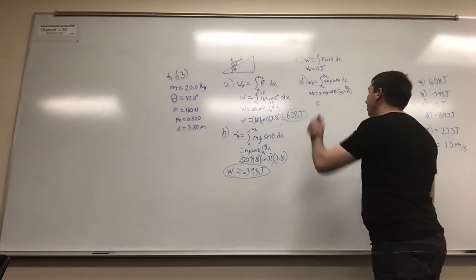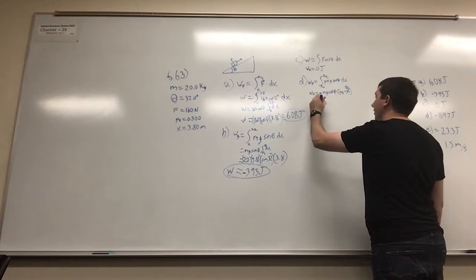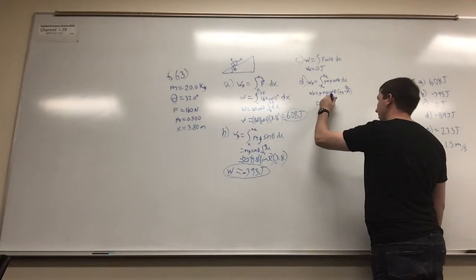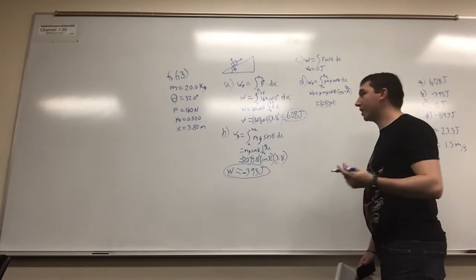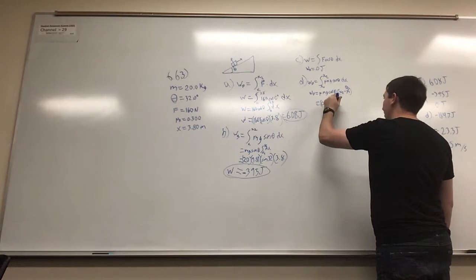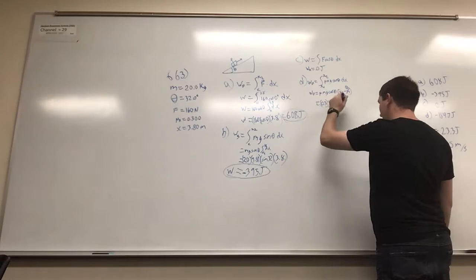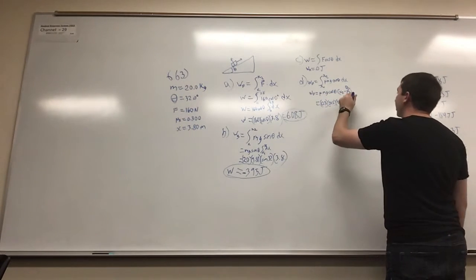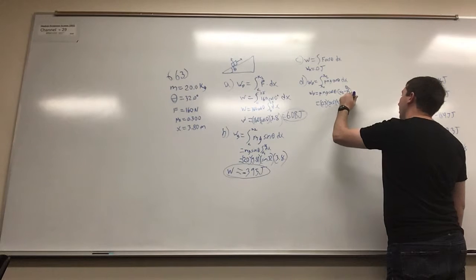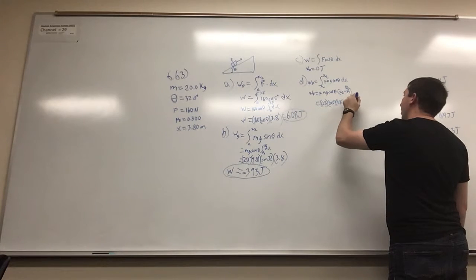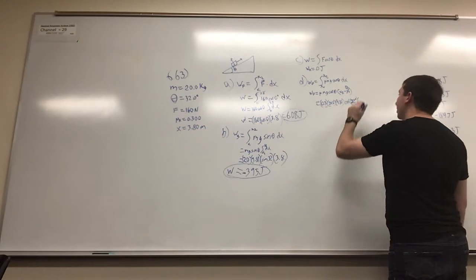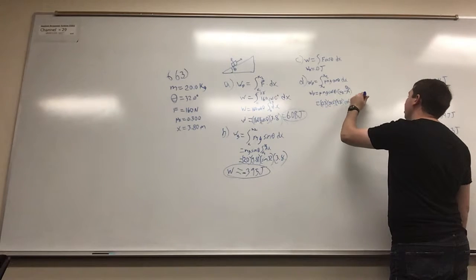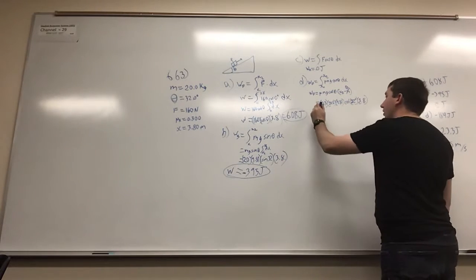Coefficient of kinetic friction is 0.3 times 20 for the mass of the suitcase, times 9.81 times cosine of 32 degrees times the distance traveled, 3.8 meters.